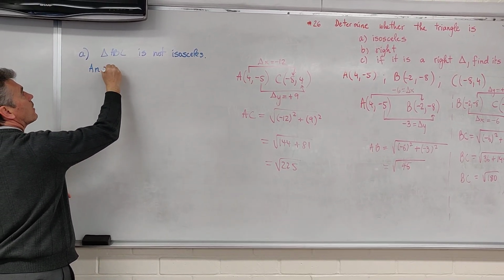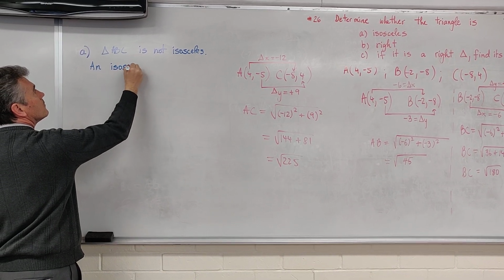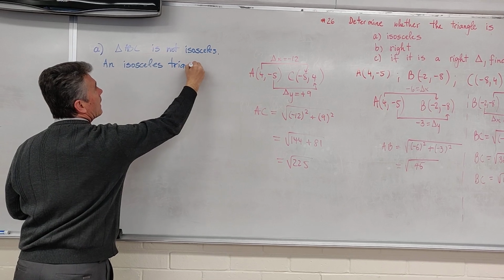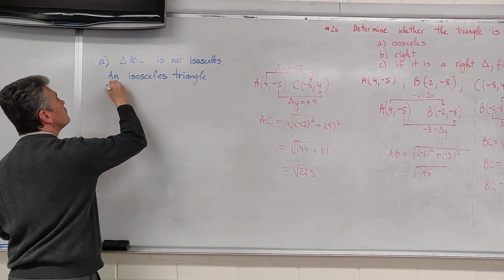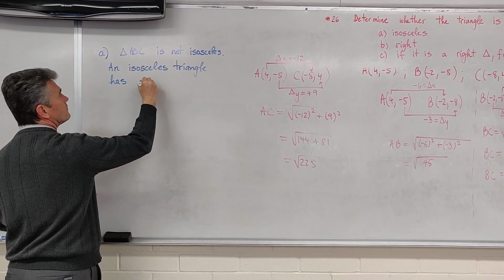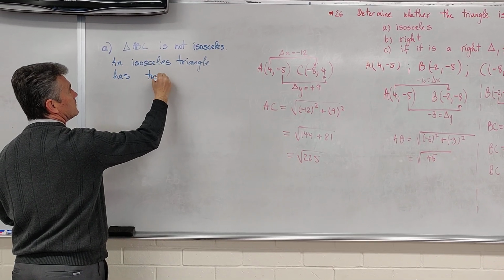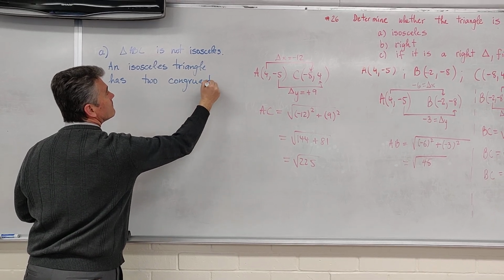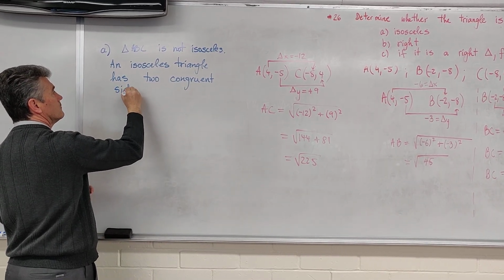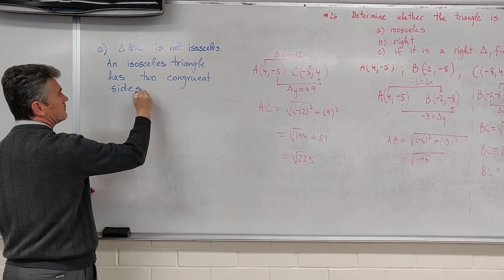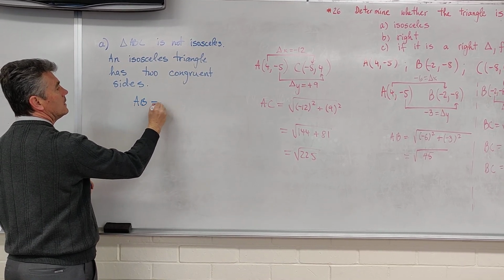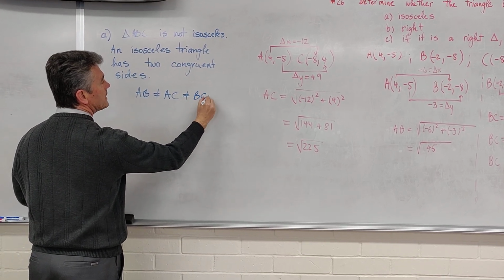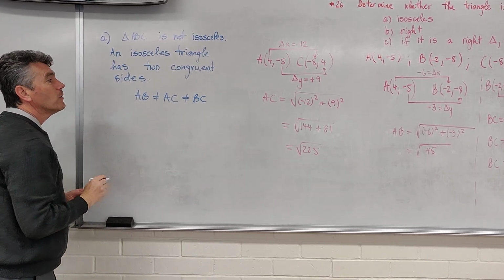An isosceles triangle has two equal sides, two congruent sides. AB does not equal AC, does not equal BC. Our triangle is scalene.